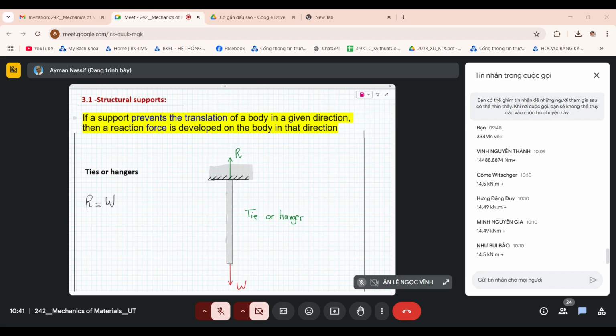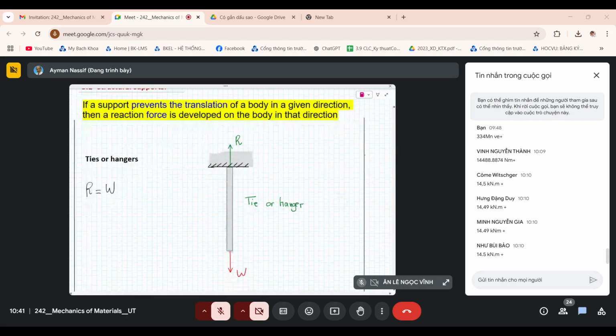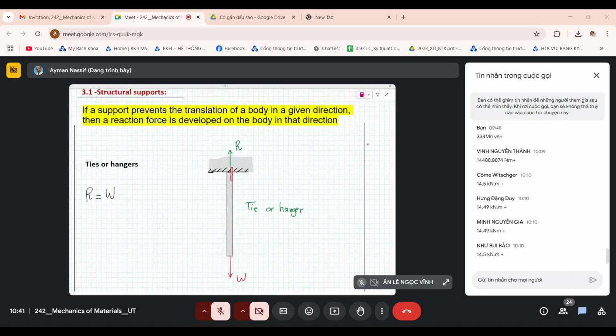Okay, so there are many supports, but I like to speak very simplistically, a very simple idea about ties or hangers. You are stopping movement along the axis here at this point. So you will develop a reaction along the axis of this element.